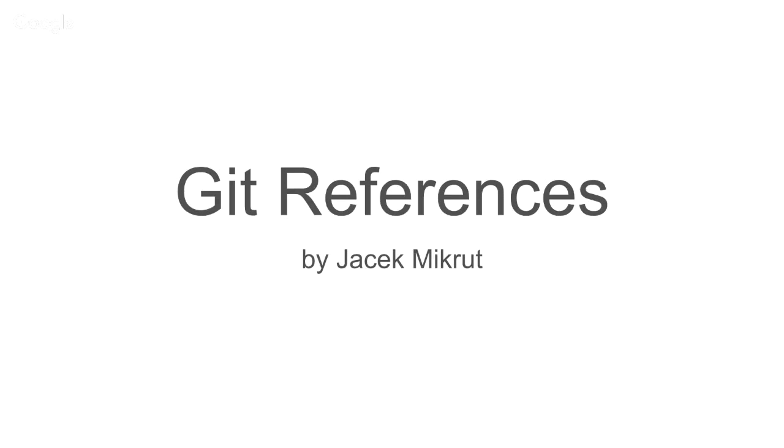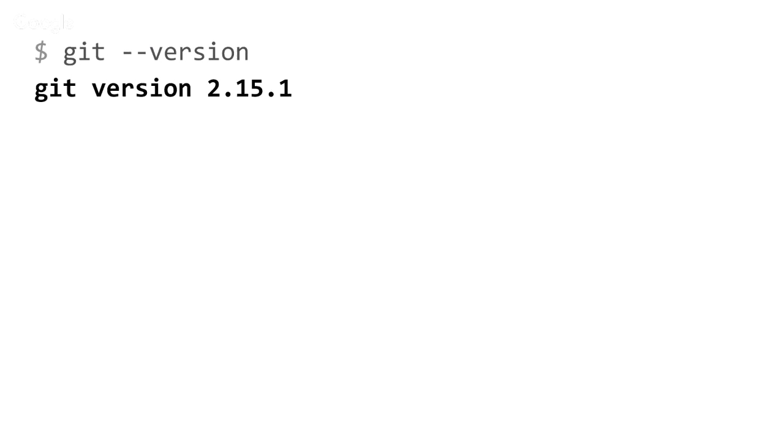I will not talk much about Git tags, as I would like to narrow the scope of this presentation to the basics, and tags are not used that often, while branches, both local and remote, are much more frequently used. I will show you a few examples, and those examples are tested in Git version 2.15.